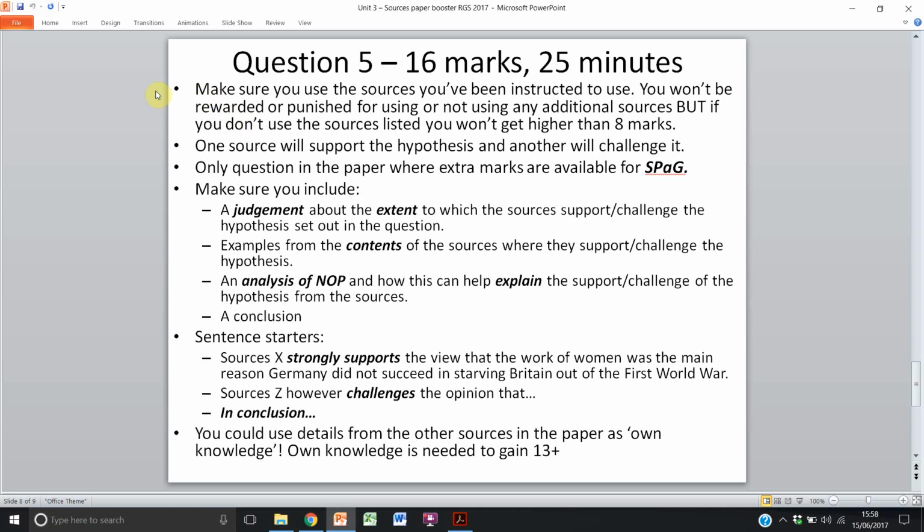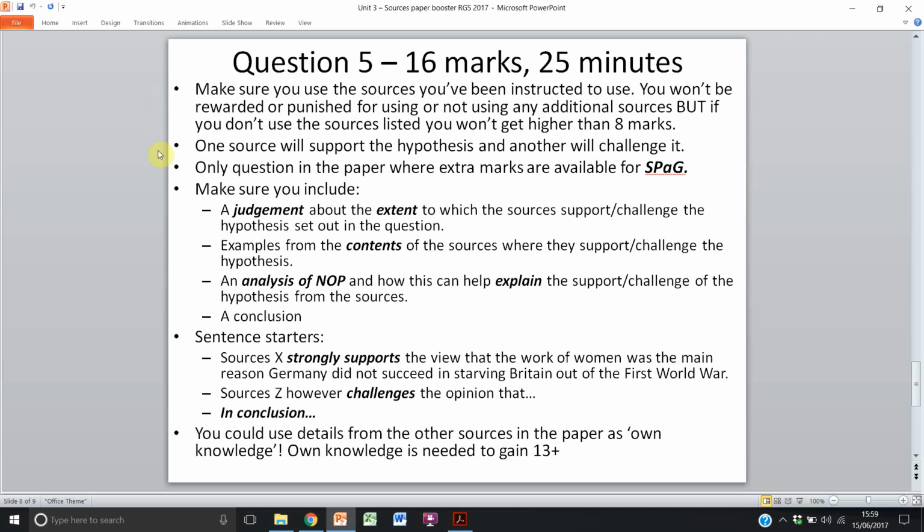As I mentioned a moment ago, you won't be rewarded or punished for using or not using any additional sources. Okay? But the critical thing here is if you don't use the sources that the question has instructed you to use, you won't get any higher than 8 marks. So really read those instructions carefully and make sure you follow them.